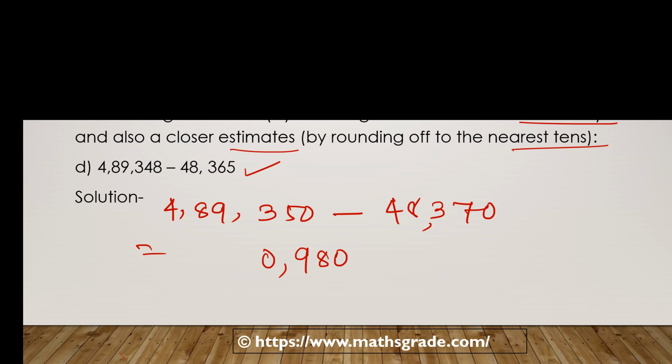This 8 minus 4 is 4. 4,40,980. This is the answer.